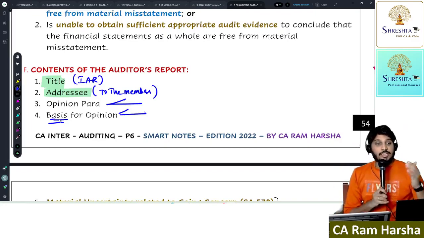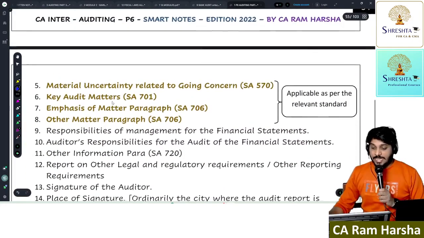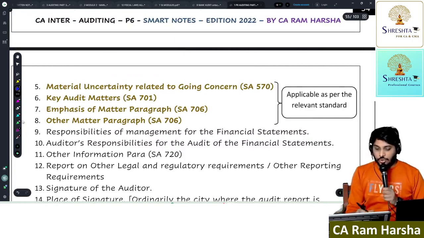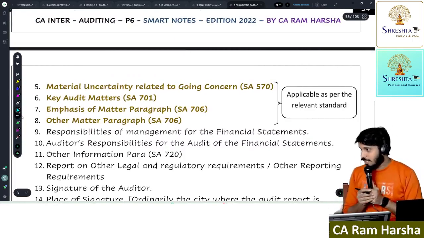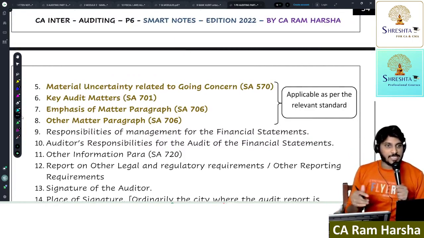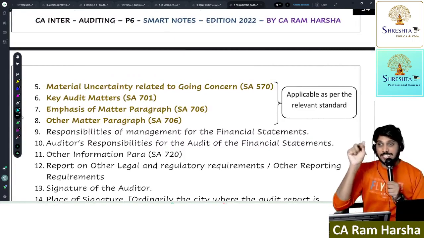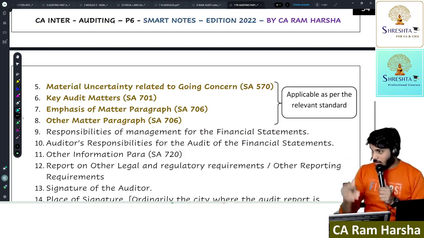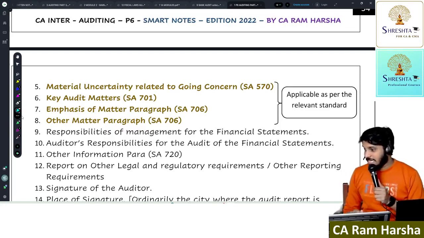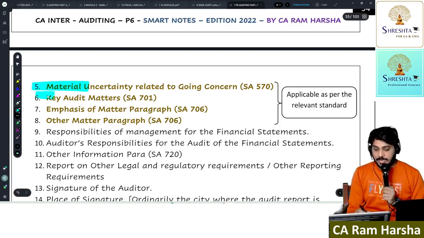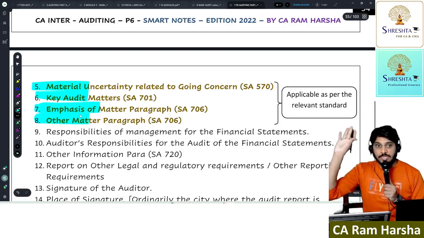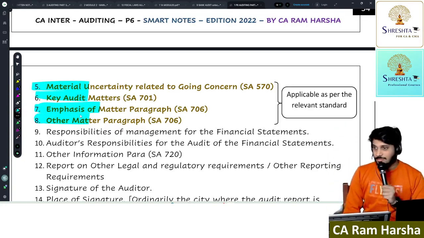Then key audit matter. Then the remaining one is material uncertainty related to going concern. The format we are discussing is covered under which standard? 700. If you look at 700, these four points will not be there in the ICAI material.